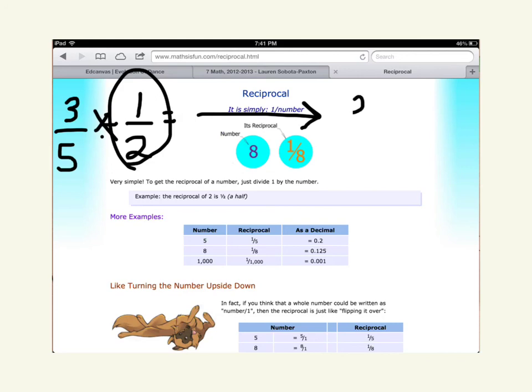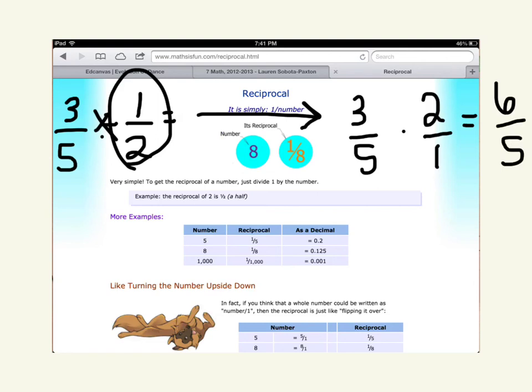So 3/5 stays. I'm going to flip the second guy. 1 over 2 becomes 2 over 1, and then I multiply. From there, I solve it. But what I did in this important step right here was when I flipped it, I found its reciprocal. So you've heard of this word reciprocal before. And just to remind you, that's what it means.